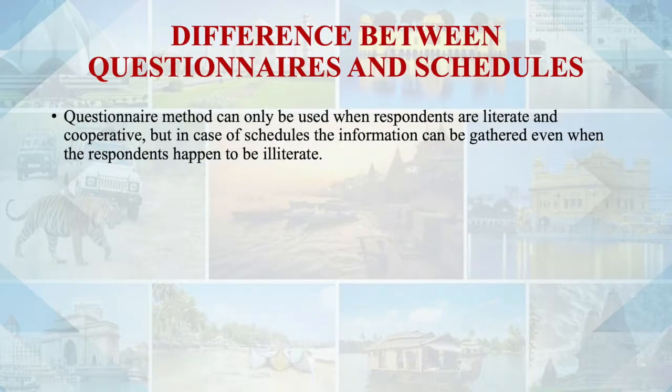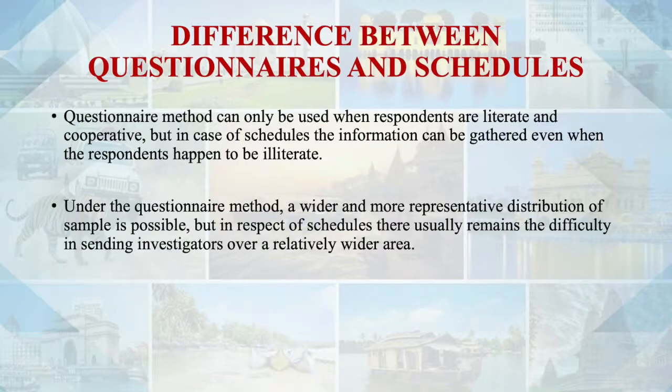The questionnaire method can only be used when respondents are literate and cooperative. But in case of schedules, the information can be gathered even when the respondents happen to be illiterate. Under the questionnaire method, a wider and more representative distribution of sample is possible.